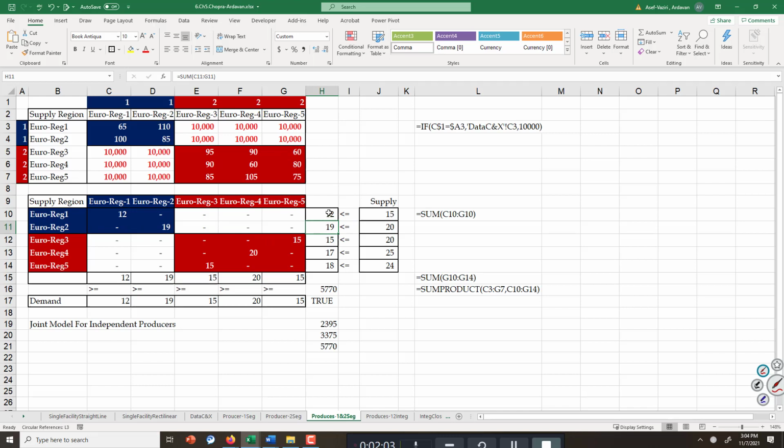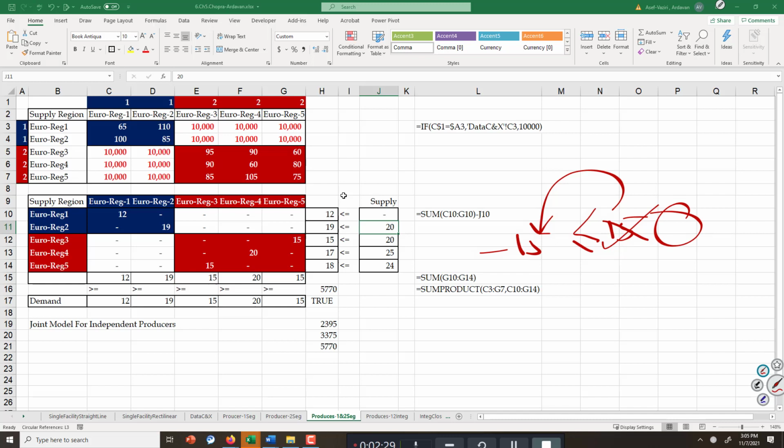And then I want to go one step further, and I want to bring that 15 also to the left-hand side. Minus 15. Because it was supposed to be less than or equal to 15. Now if I bring this 15 to the left-hand side, it becomes negative 15, and this one will become 0.